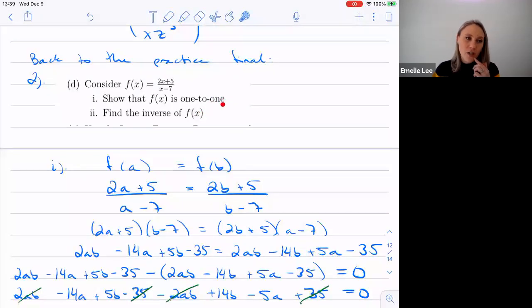So even if you're not sure how to do part 1, you can still do part 2 and just assume that it's 1-to-1 because I said show that it's 1-to-1. So even if you get stuck, just pick up. And in general, that's a good thing to keep in mind. If there's something that you need from a previous part, because I know people have a hard time on tests when a part depends on a previous part, what I would want you to do is just say, hey, here's something that I know is reasonable for X, for example, and then just use that.